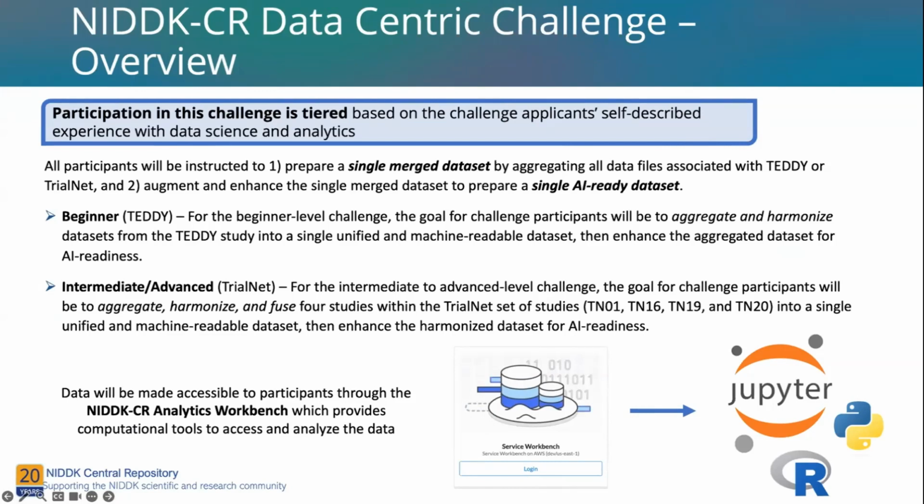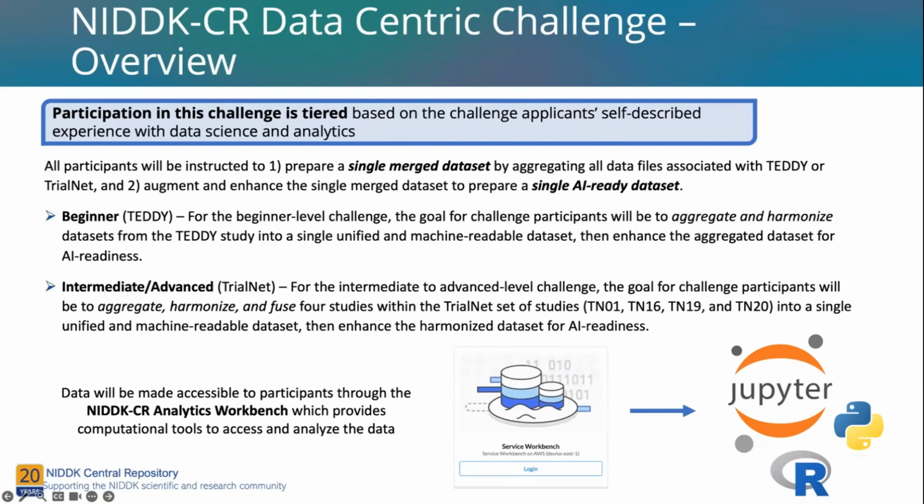And so the beginner challenge will utilize the TEDDY data set, and so participants will aggregate and harmonize data sets across this study to create a single AI-ready data set. And then for the more intermediate and advanced challenge, participants will aggregate, harmonize, and fuse data across 4 different studies that are within the same TrialNet network of studies.